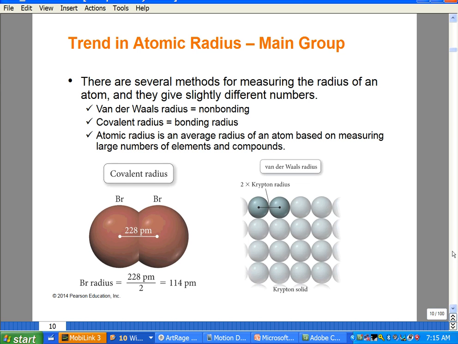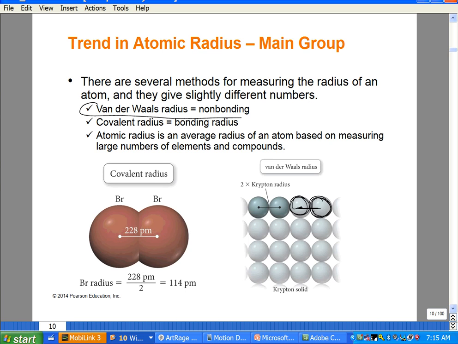So looking at the trends, there are different ways that we can measure the size of an atom. The size of an atom is related to atomic radius. And we can measure atomic radius by taking two atoms and sitting them side by side, just letting them touch each other, and then looking at the distance between their nuclei.